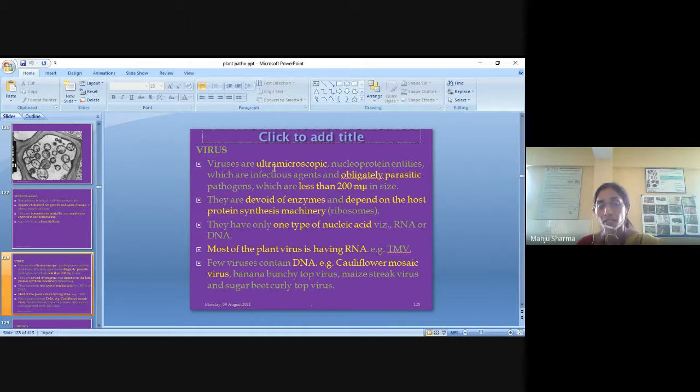A few viruses contain DNA, for example cauliflower mosaic virus, banana bunchy top virus, maize streak virus, and sugar beet curly top virus.